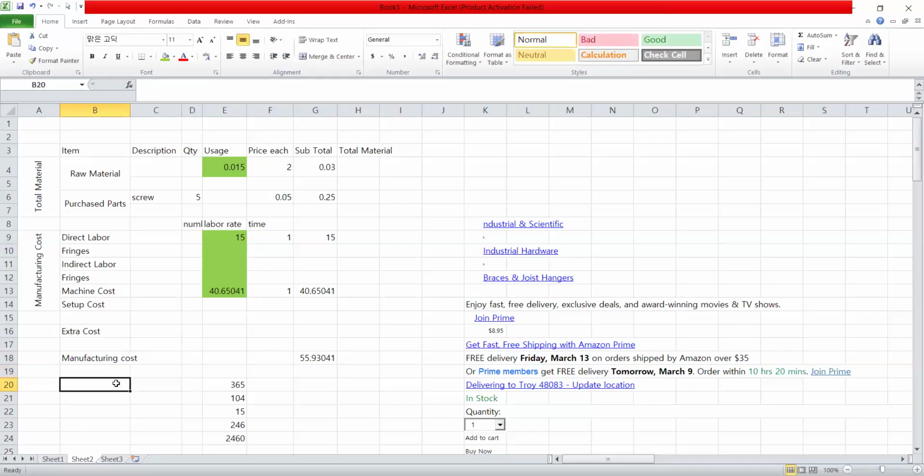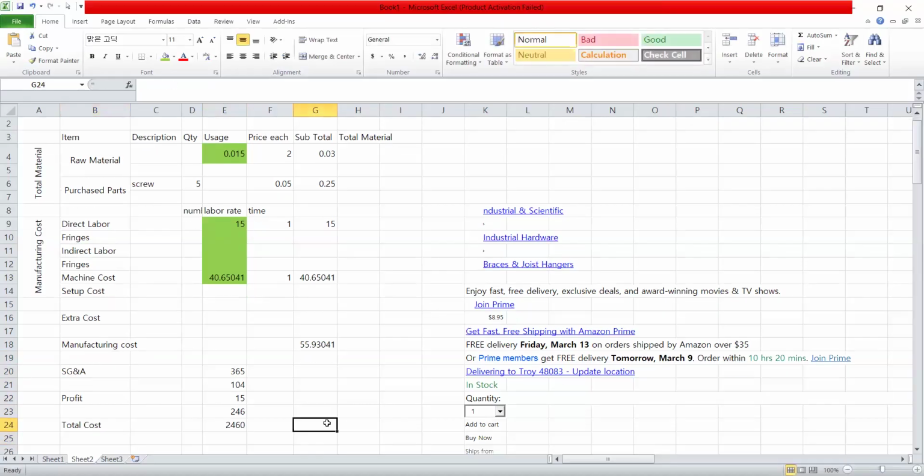Then SG&A. This SG&A is also in percentage. You will get it from your finance department. And then profit. If you add them, your total cost will be your profit plus SG&A plus your manufacturing cost.